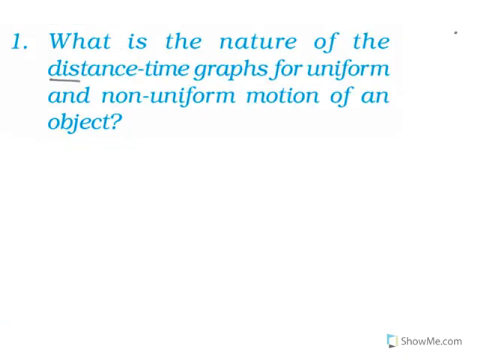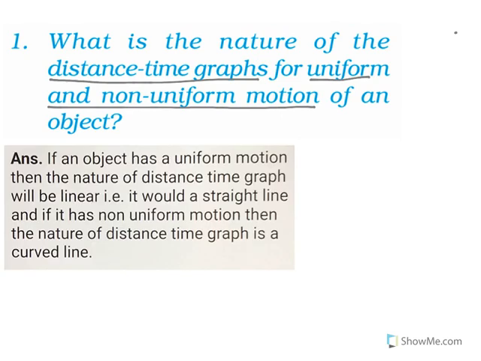What is the nature of the distance time graph for an object in uniform and non-uniform motion? If an object is in uniform motion, the nature of its distance time graph is linear, meaning it would be a straight line.